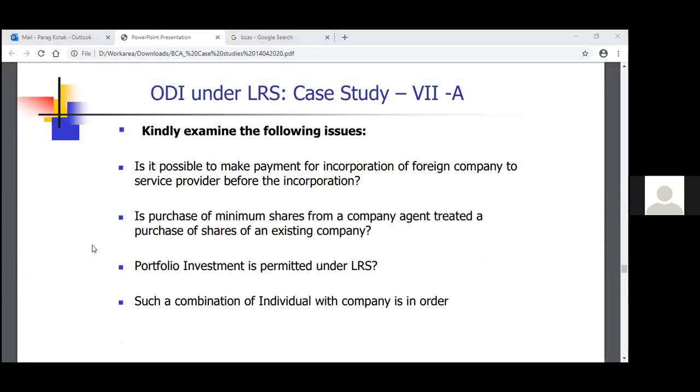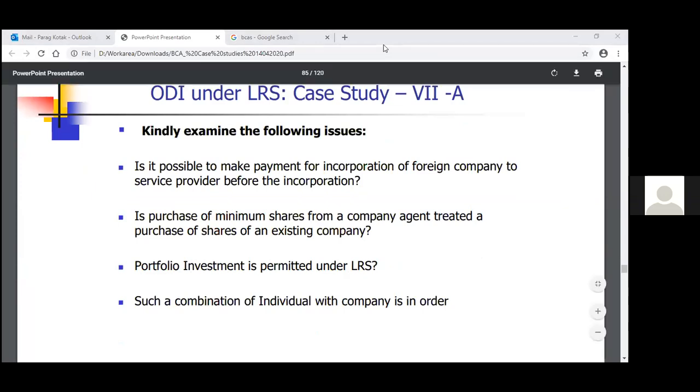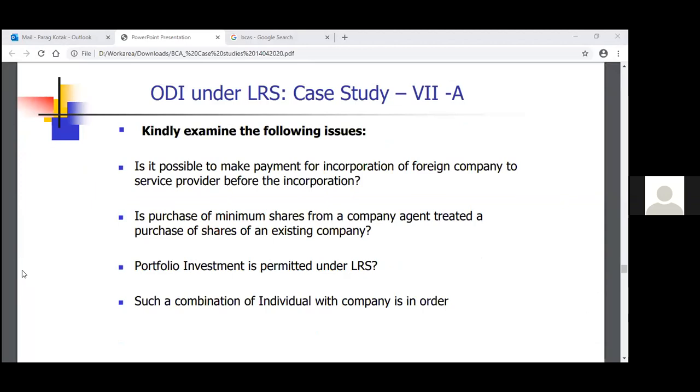Yes. The first issue is whether it is possible to make payment for incorporation of a foreign company to a service provider before the incorporation. Is purchase of minimum shares from a company agent treated as a purchase of shares of an existing company? Portfolio investment is permitted under LRS, and such a combination of individual with company is in order.